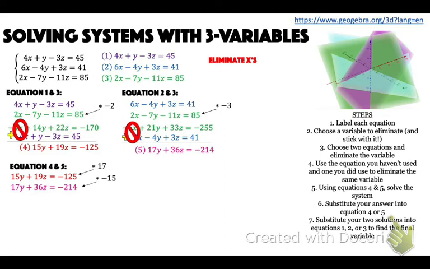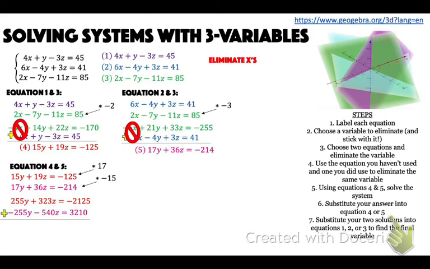So I'm going to multiply that top equation by 17 and the bottom equation by negative 15, just to get them to be opposite signs, okay? So if we multiply the top equation by 17, I end up with 255y plus 323z equals negative 2,125.